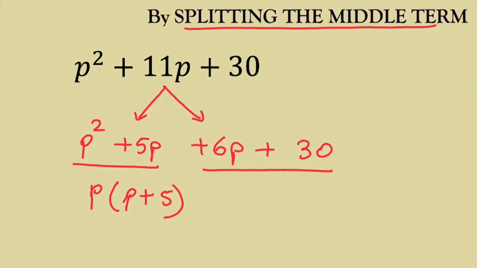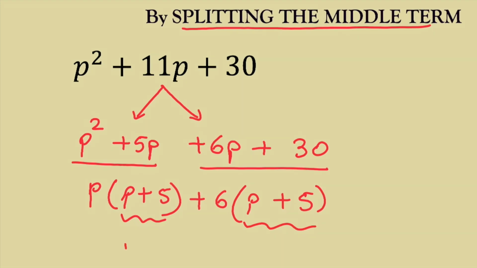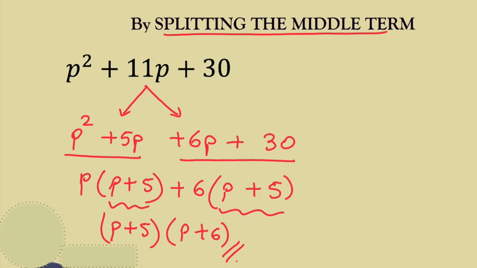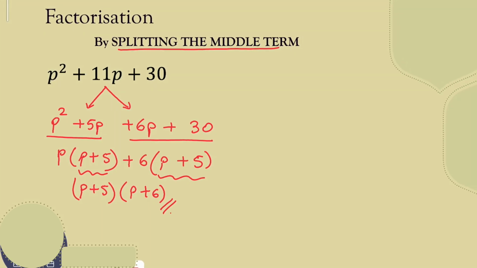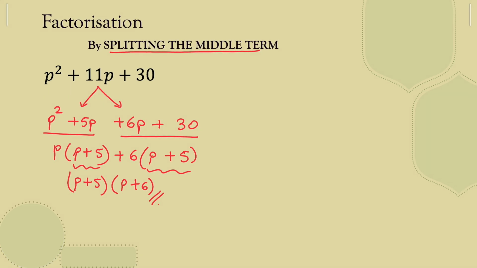From the second group, 6 is common, p plus 5. And from this, p plus 5 is common, and in the second bracket the remaining is p plus 6. So the factorization of p square plus 11p plus 30 is p plus 5 into p plus 6.